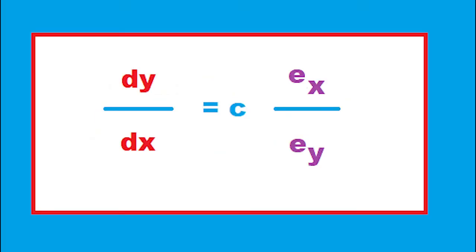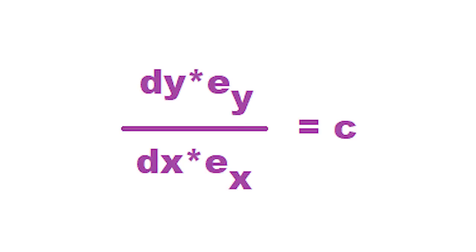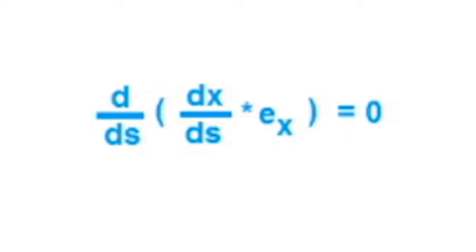The geodesic equation I attempted to graph here, dy over dx equals c times ex over ey, can be modified to c equals dy times ey over dx times ex. The geodesic equation I used 3 years ago was d over ds dx times ex over ds equals 0.